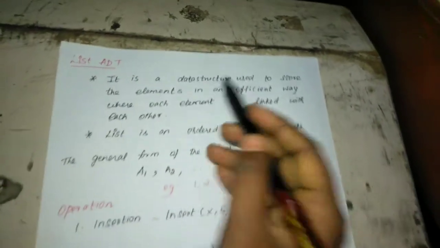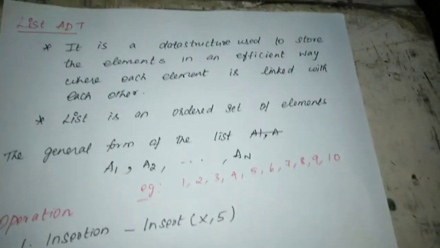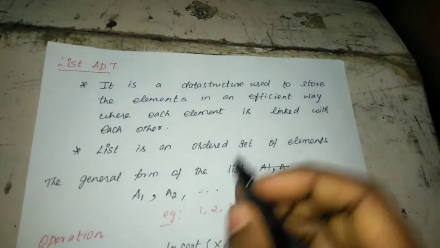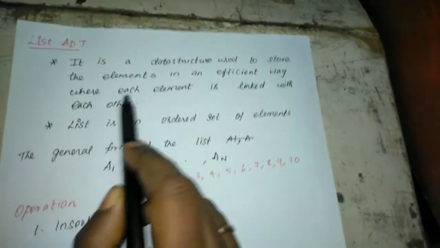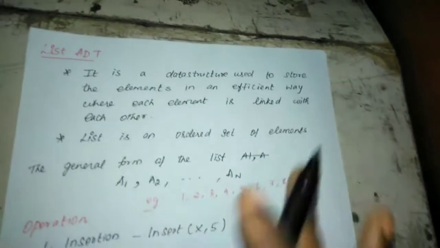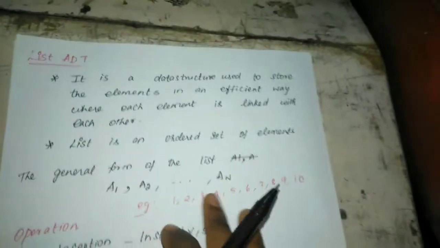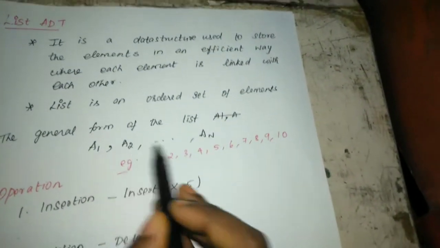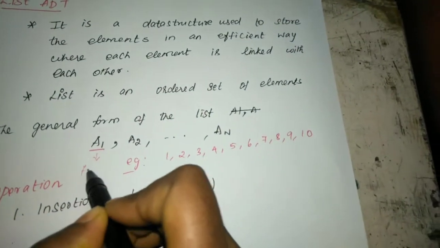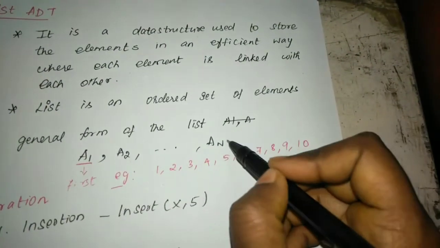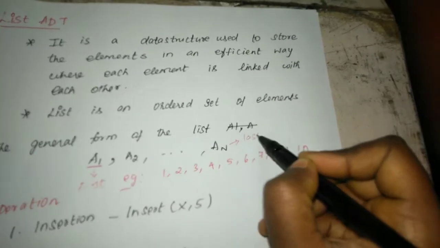Already we know data structure means it is the organization of data. So the elements will be stored in an efficient way where each element is linked with each other. So the general form of the list is A1, A2, etc. to AN, where A1 is the first element and AN is the last element.